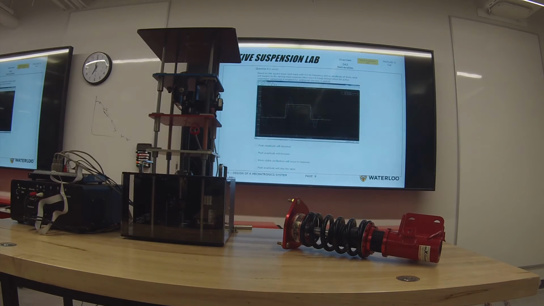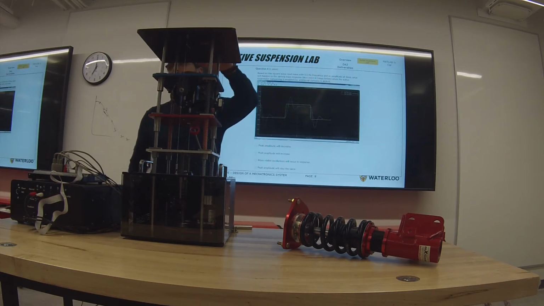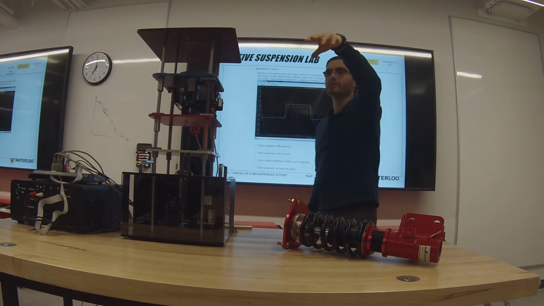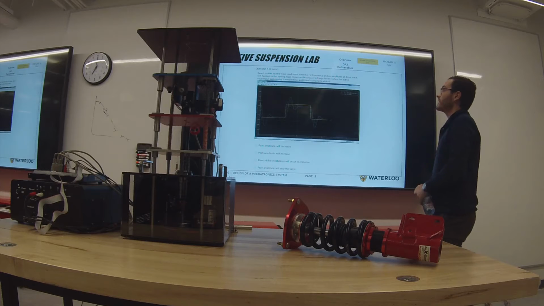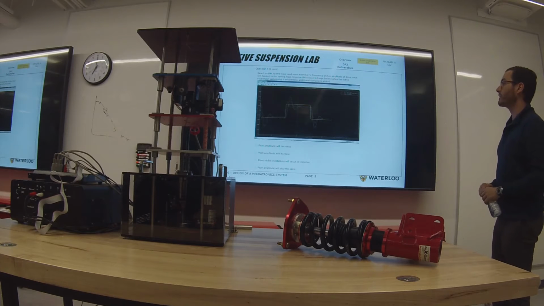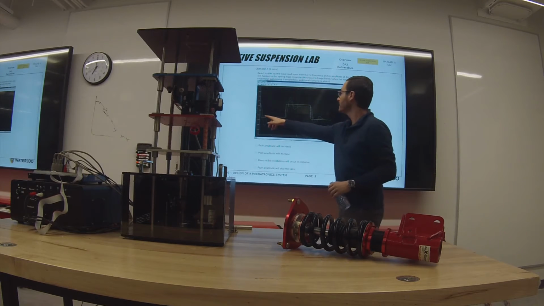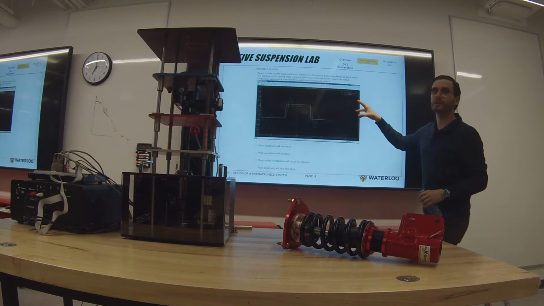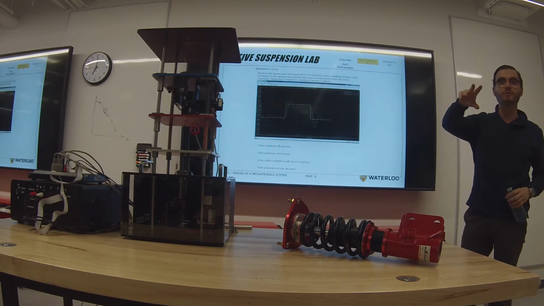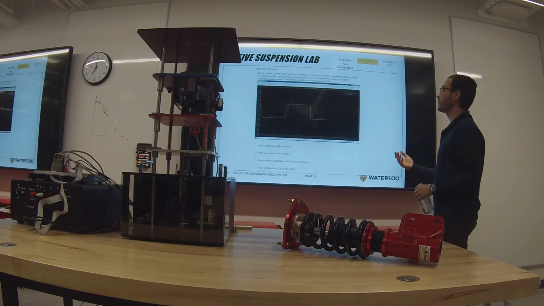All right, the next question. This is where it's going to get interesting, because I'm going to do a demonstration with the rig as you answer the questions. It says, based on this square wave road input, so that's the yellow line here, you might not be able to see it on the TV screen, but you should be able to see it on your computer or your phone.